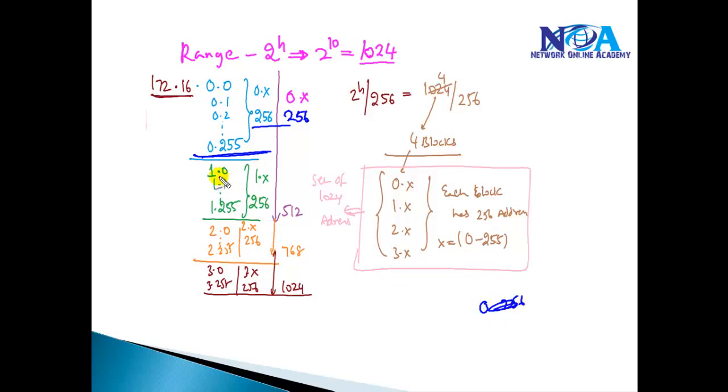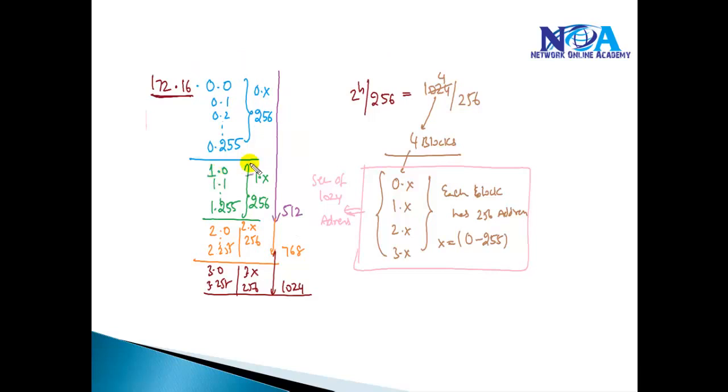The continuation will be 1.0. So I write 0.x complete from 0 to 255, then complete 1.x to 1.255, then complete 2.x, complete 3.x.